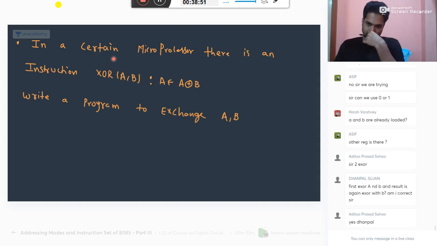Do you understand the question or not? A's content should be swapped to B, and B's content should come to A.